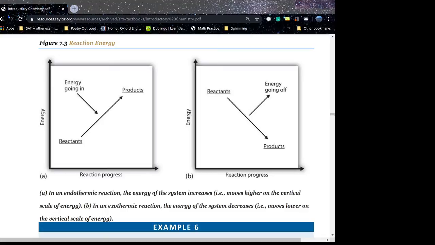And here is the energy level of the reactants, and here's the energy level of the products. Let's just do that in different colors, because it's fun. So the red is the reactants, and the blue are the products. And there's going to be a little journey taken.